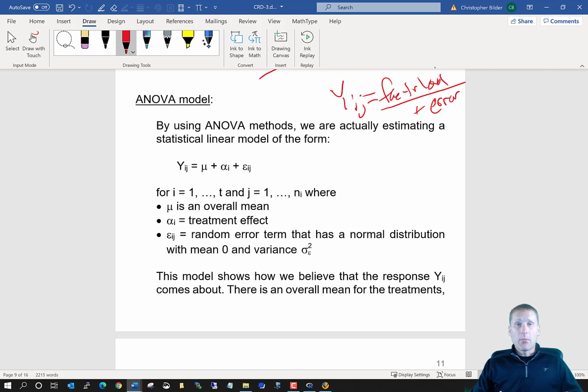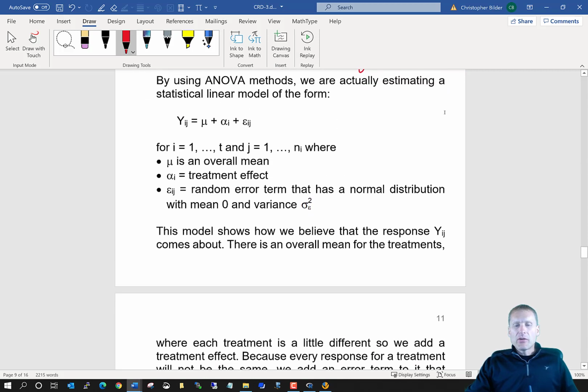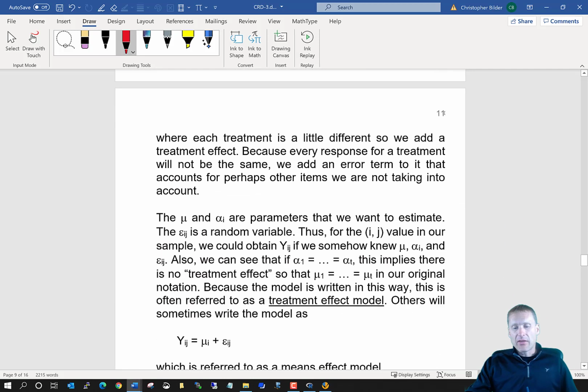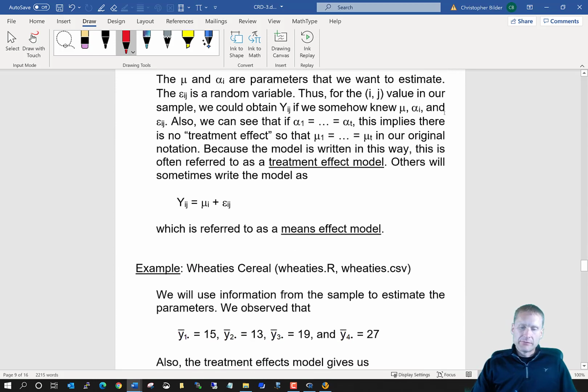This is my model. So if I somehow knew all this information, I could actually come up with the actual y sub ij. And so there are actually 2 different ways that you can write out an ANOVA model. We're going to actually jump to the second way first, so I think it's a little bit easier to see.